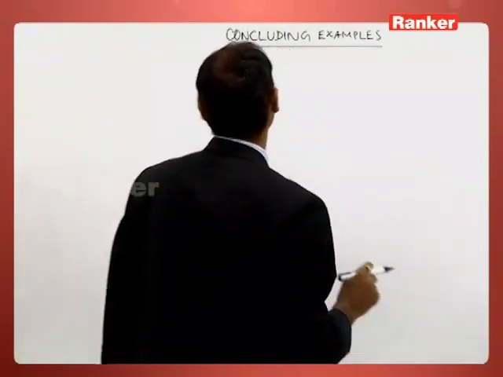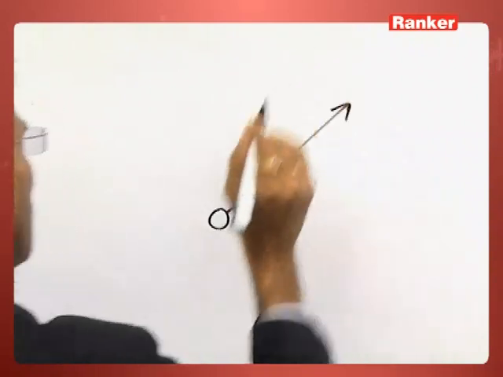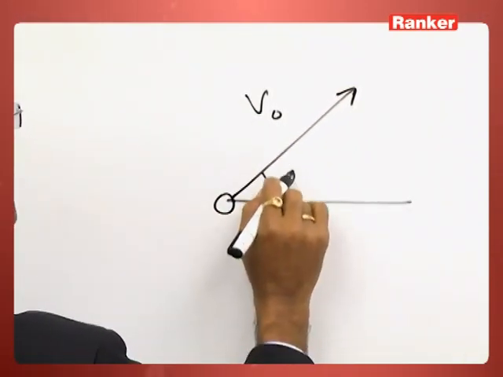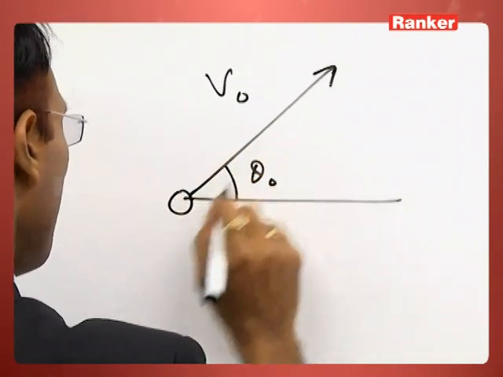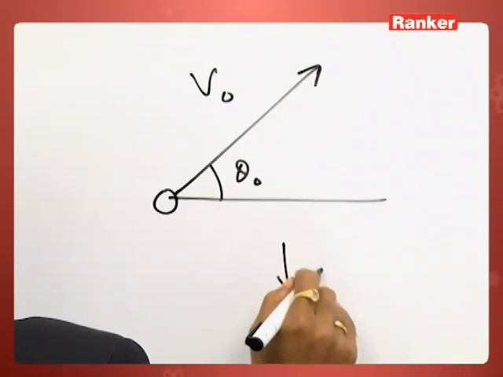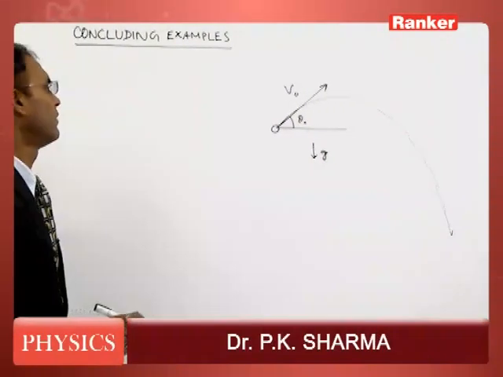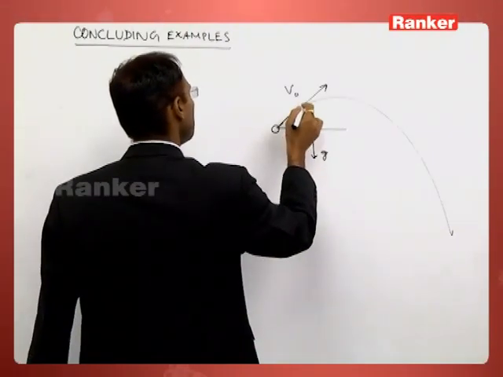Well, let us take some examples. Let us project a particle with velocity v naught at an angle of theta naught with respect to horizontal. In gravity, it will move in a projectile path, a parabolic path.